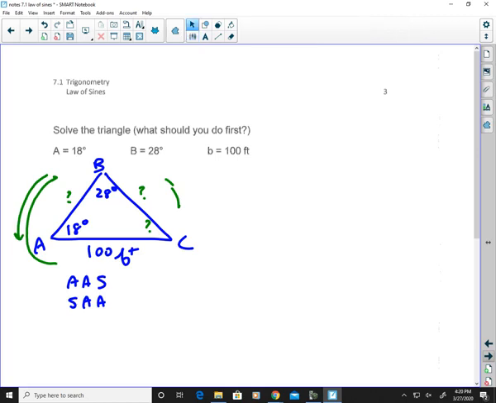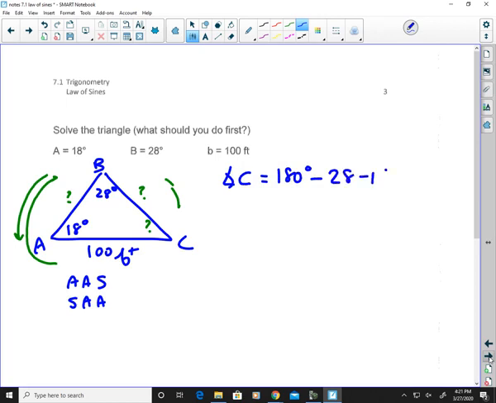So this one I can solve, and it's going to be only one triangle because I'm not going to use an inverse sine to get the angle. I'm using the rule of 180 degrees. So angle C will be 180 degrees minus the 28 minus the 18.